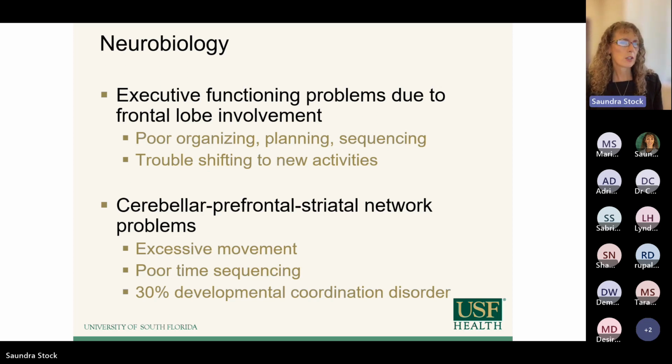So there's a question in the chat about late myelination. So yeah, as people's myelination improves, we see diminishing of symptoms, but there isn't really any great way to predict who's going to grow out of it and who isn't.